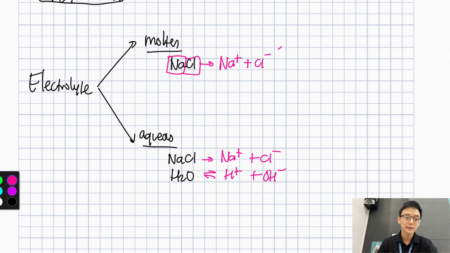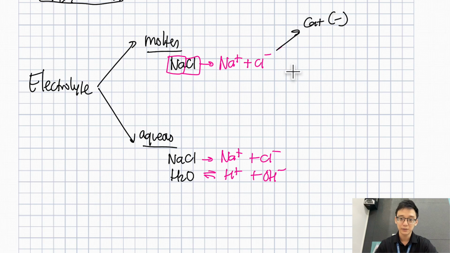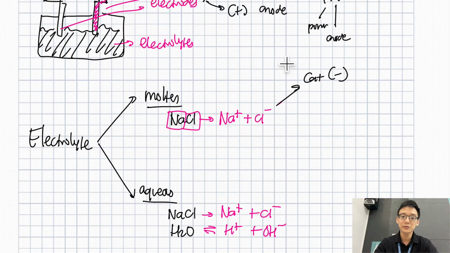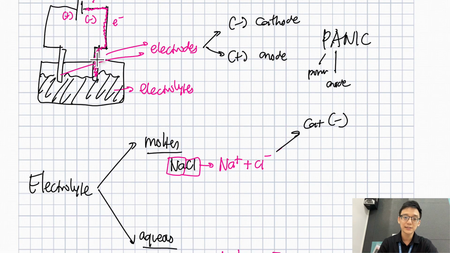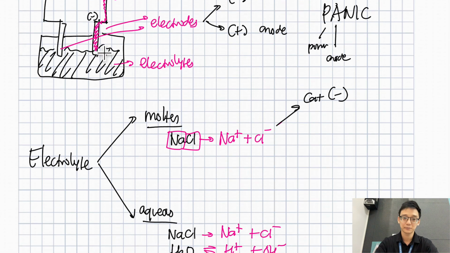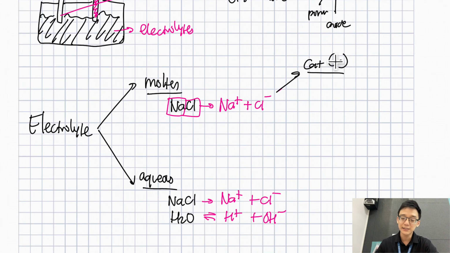Okay, so now, let's think logically. For every electrolyte, there will be reactions happening at the cathode and anode. The cathode is the negative electrode because the electrons are running through it first. So this is the electron-rich metal rod. Therefore, since the cathode is negative, it will attract the opposite ions, so it will attract sodium.